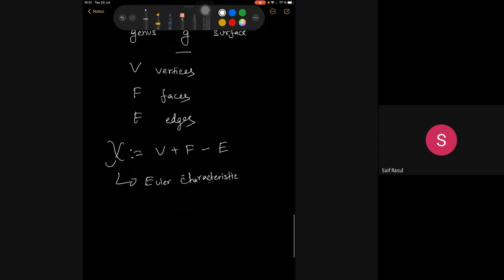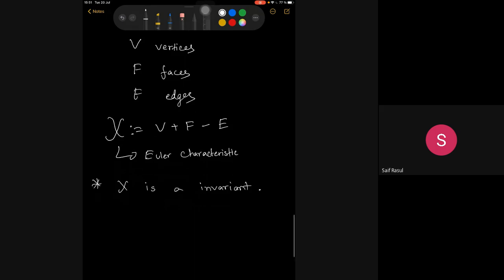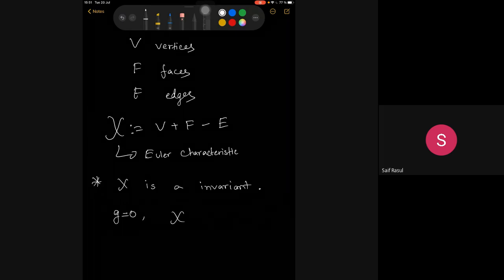And we won't explicitly prove that, but we'll say that chi is an invariant quantity, sometimes called a topological invariant. And what do I mean by an invariant quantity? For example, for genus 0, all of the Euler characteristics are the same.